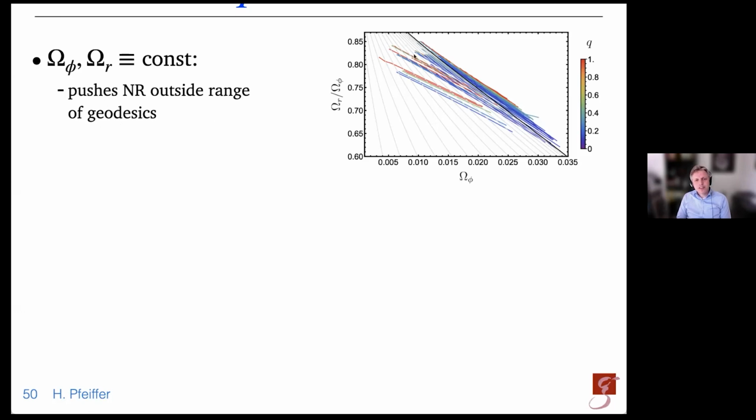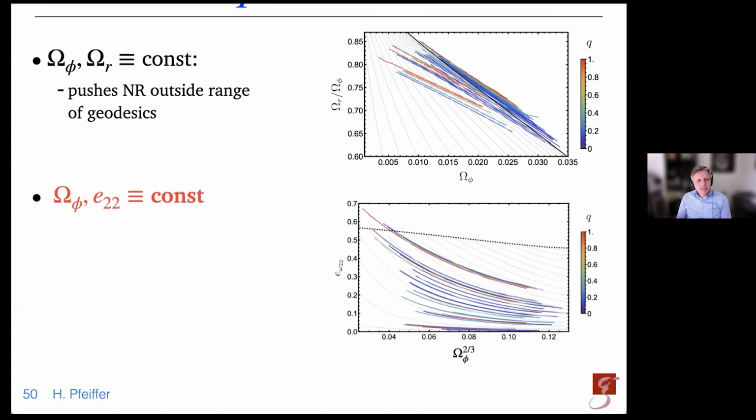So the gray shaded area here are the ranges of frequencies geodesics take. And a lot of the NR data actually has stronger periastron advance and therefore cannot be mapped directly to Kerr geodesics. So what we eventually settled on is to take the orbital frequency constant in our limit and to keep the eccentricity constant. And that way we are able to map to extreme mass ratio systems.